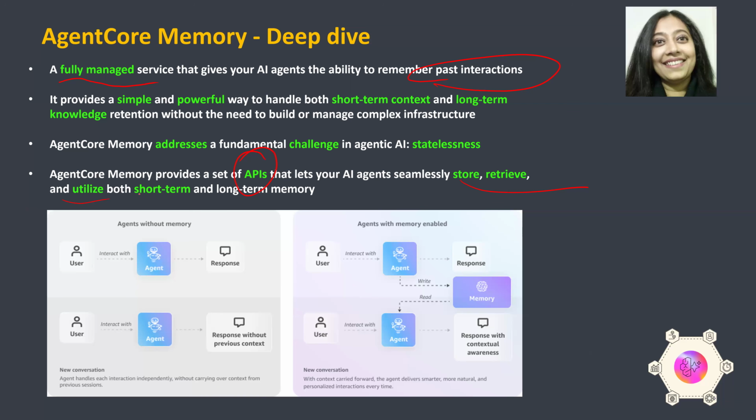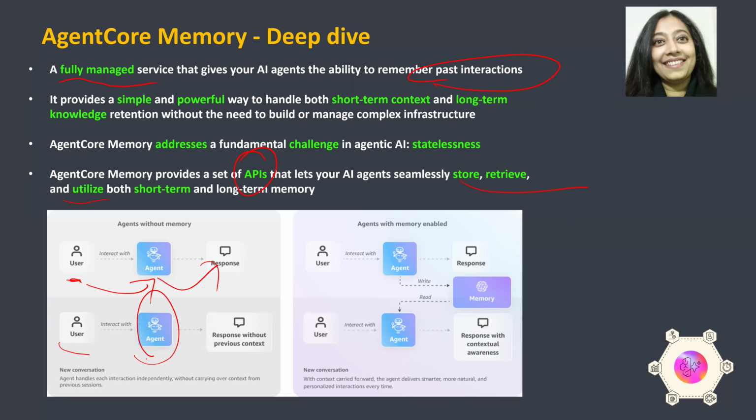Now we have this image at the bottom, and this image compares how agents interact with the users and how the responses are given back to the user with memory and without memory. On the left, we have agents without memory. Here you have a user interacting with an agent. The agent gets a response and the response is sent out. Again, the user interacts with this agent.